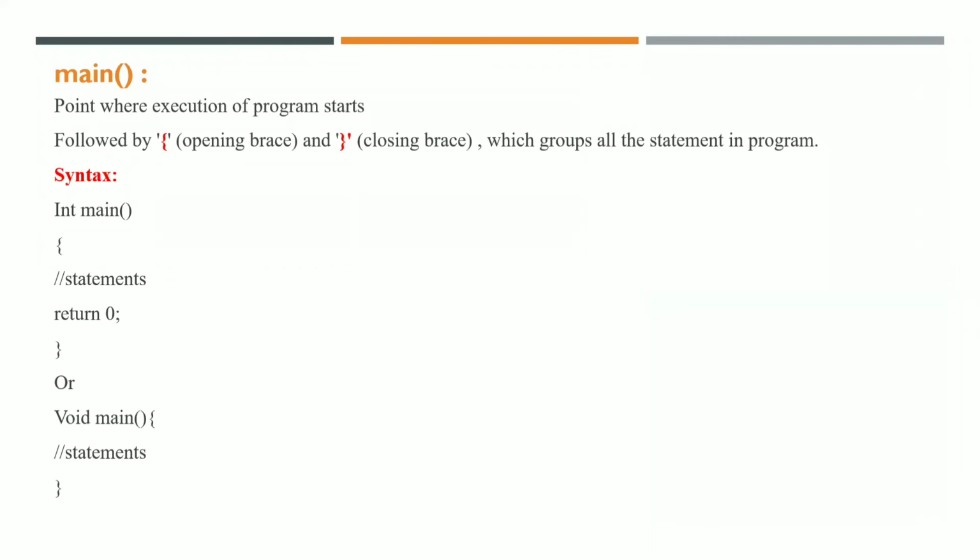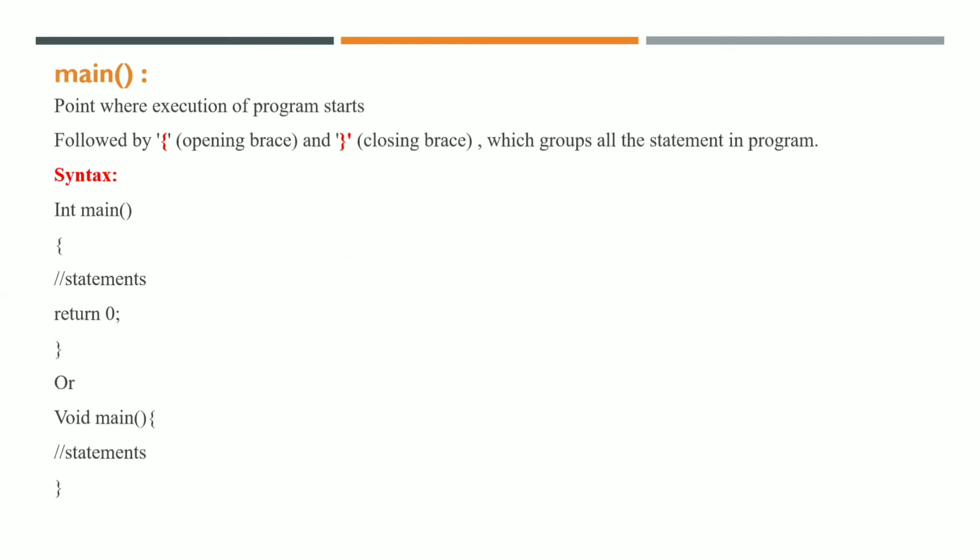So here is the syntax of the main function. First of all, we'll have a return type, which may be int, char, void or float. Then it will be followed by the main word, that is a keyword, then followed by opening and closing parentheses, which will be followed by an opening brace. After the opening brace, we have to write all the statements that are to be included in the program.